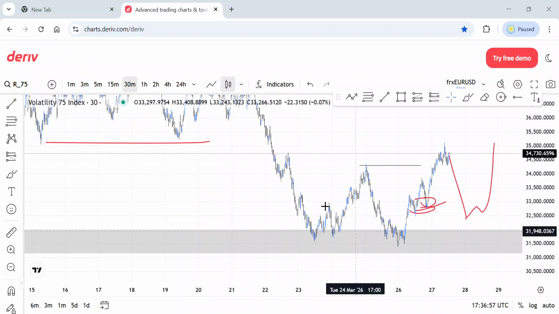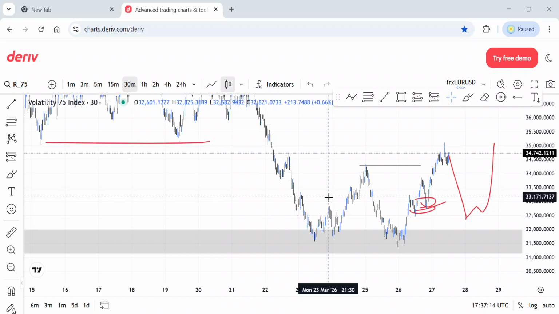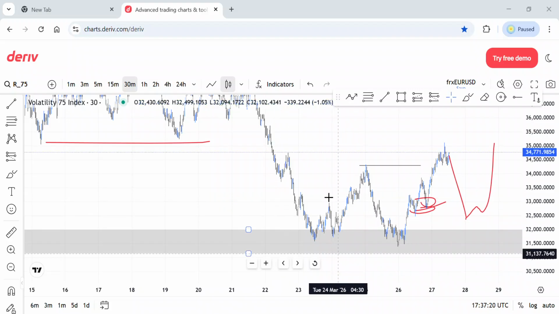So don't forget the rules. First thing first, I'm reiterating this: before you spot your liquidity, go to your directional bias, whatever it might be. You can use 4 hours or one day, depending on what you want to do on the chart for that day. After you have pinpointed your directional bias, you look at what the price is doing.